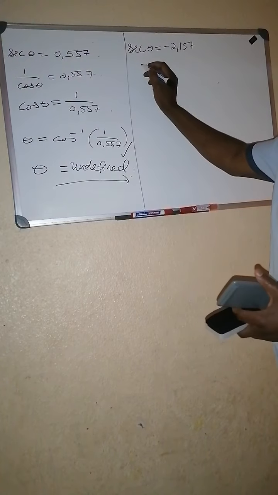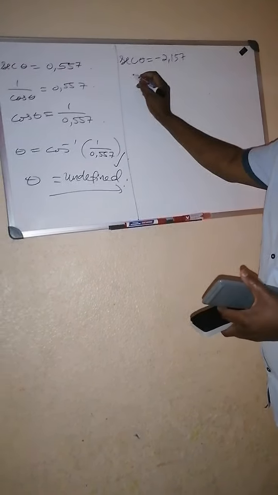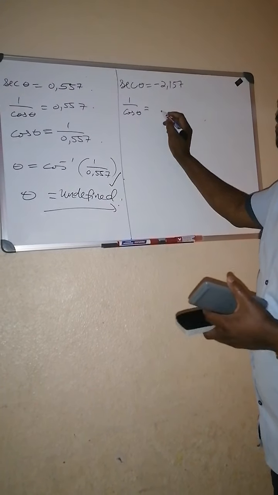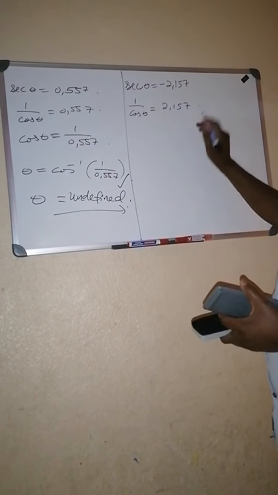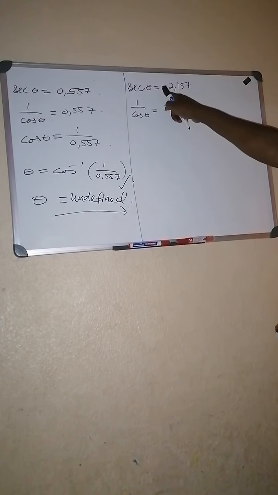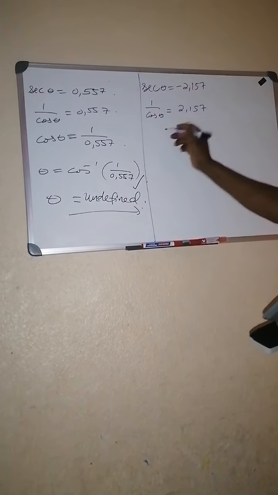This means that 1 over cos theta equals minus 2.157. I'm not taking out the negative. I will explain why I'm not taking the negative.